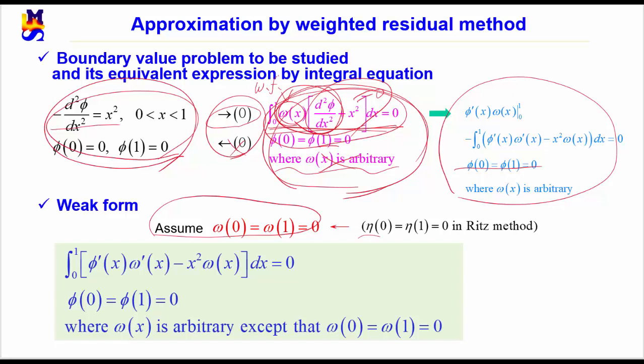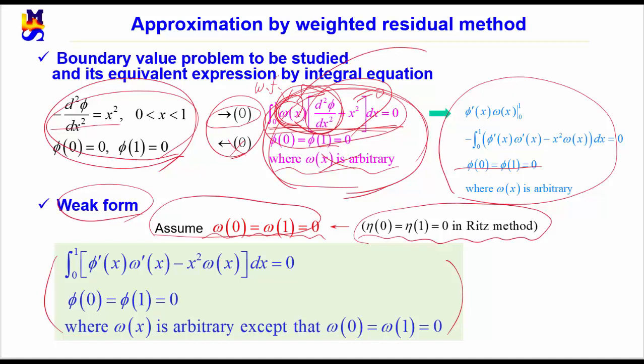Because you know the variational principle, where we have to impose the similar constraint on eta x, you can understand that we can impose some constraint on the weighting function like this. As a consequence, we obtain this new problem, which is called the weak form. There may be many different approaches depending on the assumed weighting functions. Several weighted residual approaches, including the Galerkin approach, start from this weak form.